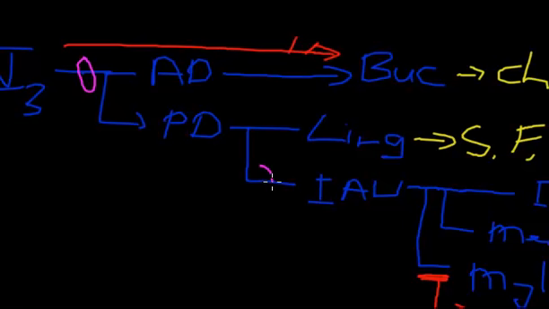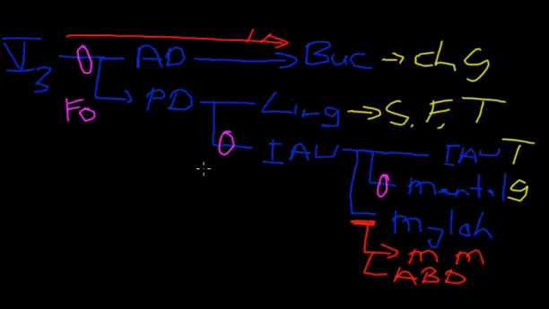Remember that the mandibular foramen would be about here, and then the mental foramen would be about here. So let's just write those in. This is foramen ovale. This is the mandibular foramen. And this is the mental foramen.